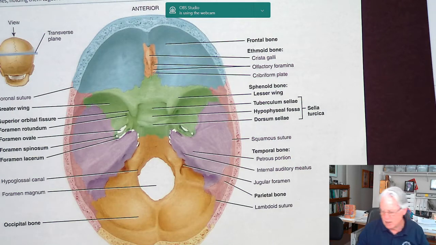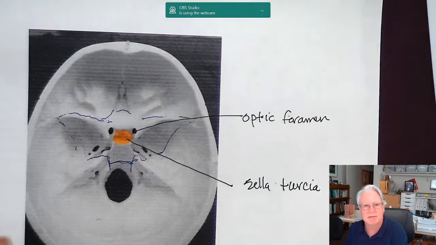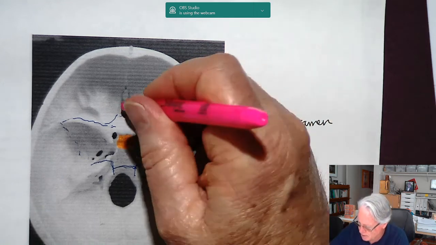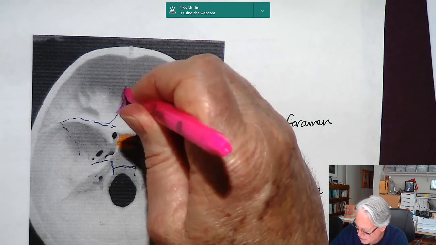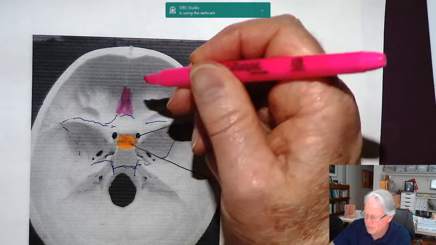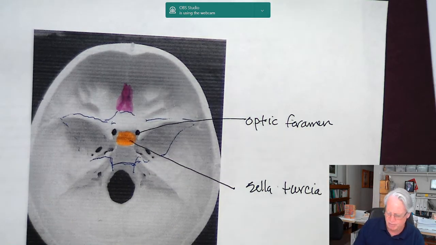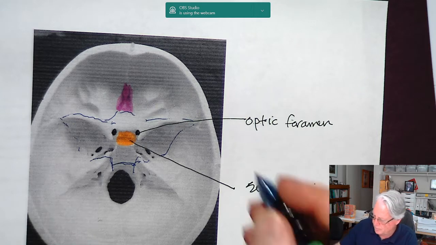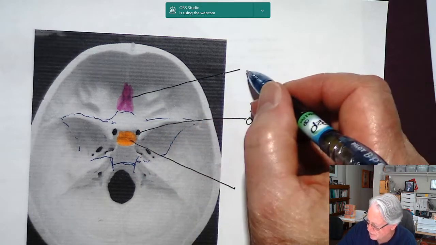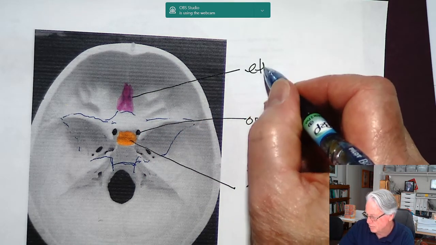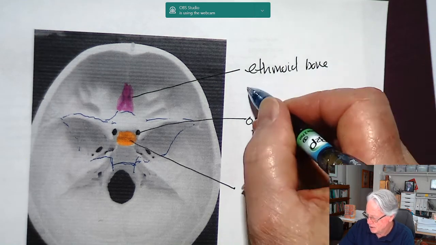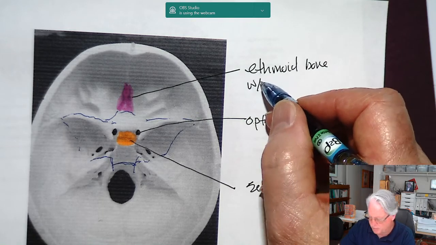Okay, let's see if we can find a good image then. And indeed we can if we come back to page 11. And we're going to do this in pink. So there is the bone. That's my ethmoid bone. So this is the ethmoid bone. With the cribriform plate.